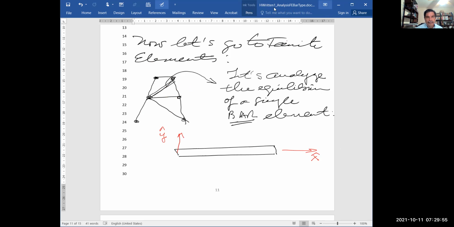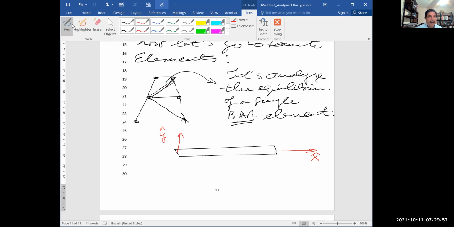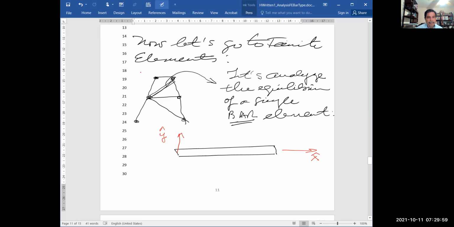What else? We need to define the joints. So we're going to have one joint here and another joint here. Remember, the first step in the finite element method is that we have to discretize, and this is what we're doing.